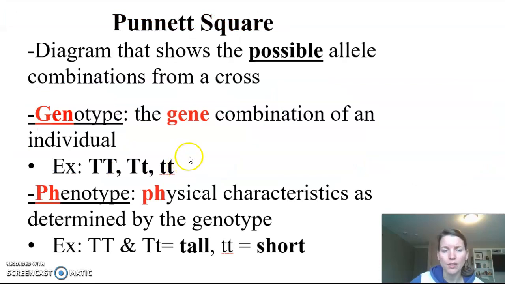Punnett squares. Up until now, we've just been going over some broad terms. Know those terms: homozygous, heterozygous, dominant, recessive. You will also need to know how to complete a Punnett square. It's a big part of genetics. Some of you have already done this in the past, so this will be a review for you. Others, it's brand new.